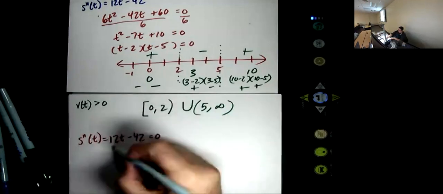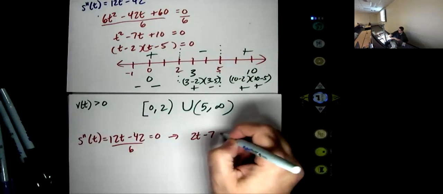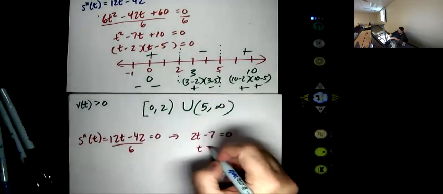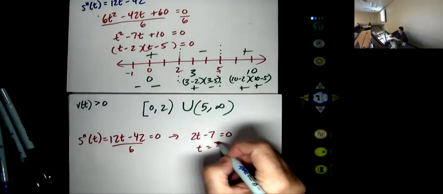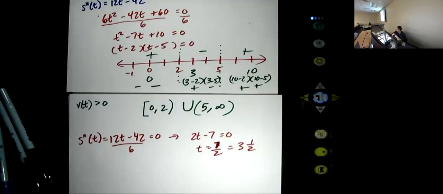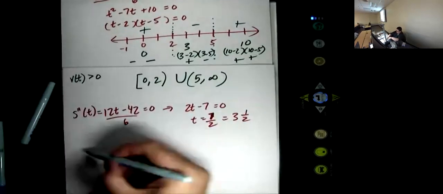We divide that by 6. We've got 2t minus 7. So t equals 7/2, 3 1/2. So I'm going to put that.